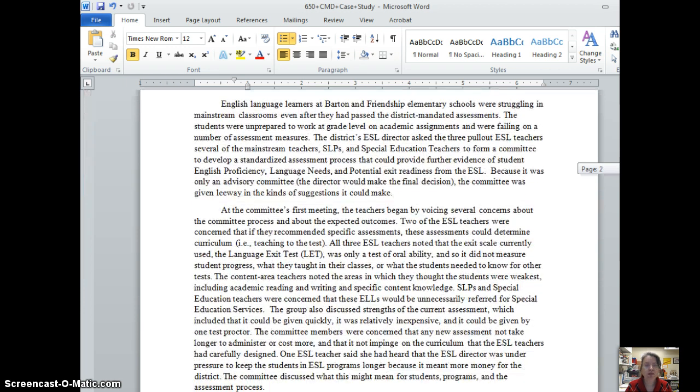So now we get down to the story or the case that's being studied. You read through these following paragraphs, and again, remember, you're a consultant, you're an advocate, you're going to help out on this committee.